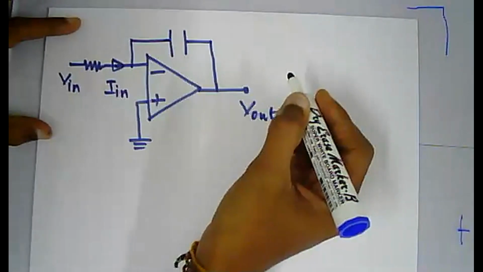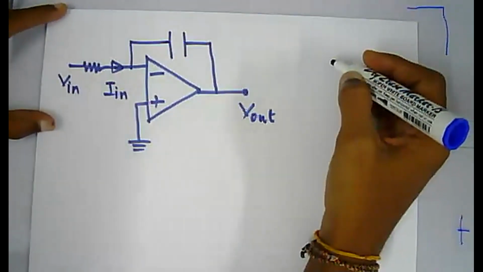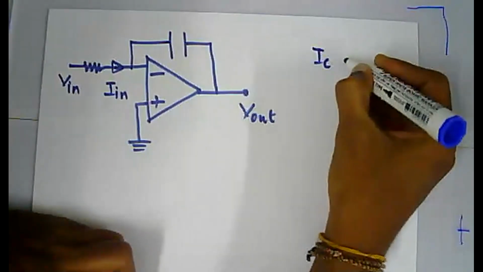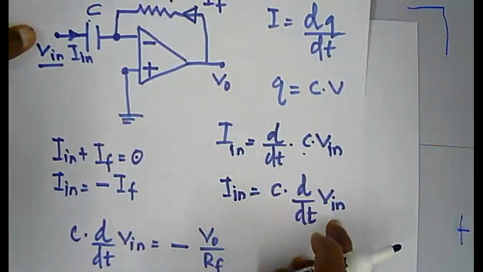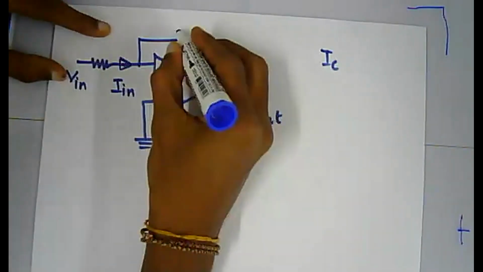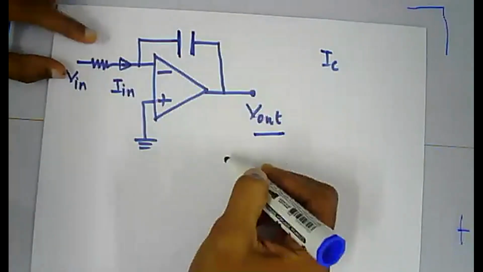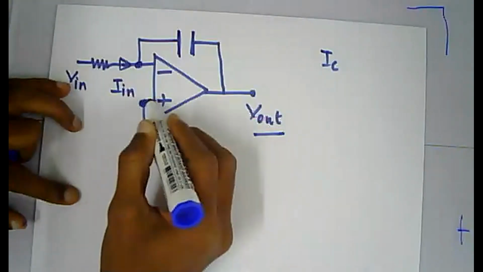As we saw earlier, the current through the capacitance C can be written as C into d/dt of the voltage across it. In this case, the voltage difference across the capacitor becomes V out minus 0, because the voltage at this point is 0.